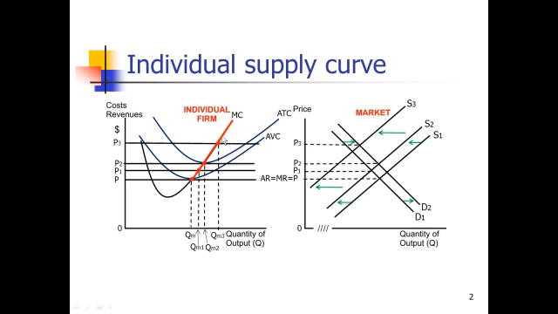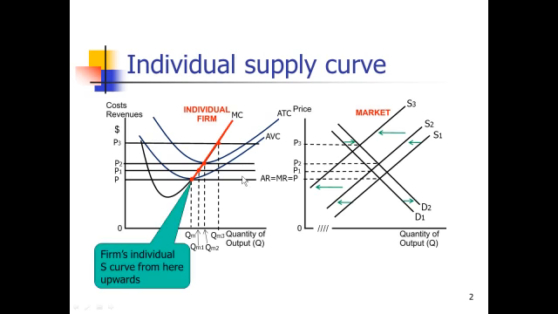Because if you add the supply curve of this firm to every other firm in the industry or in the market, you will come up with S3. So in other words, the market supply is the sum total of the marginal cost curves for individual firms.